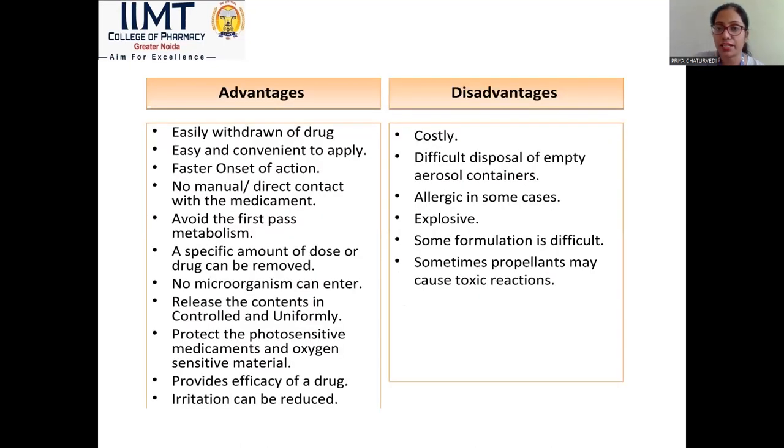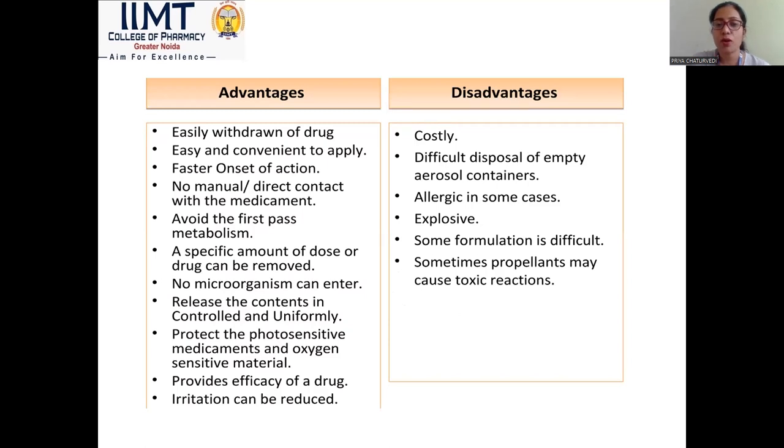Now coming to the advantages and disadvantages of aerosols. Advantages are that aerosols are very easy to withdraw. Aerosols are easy and convenient to apply. Faster onset of action. No manual or direct contact with the medicament. It avoids the first pass metabolism.